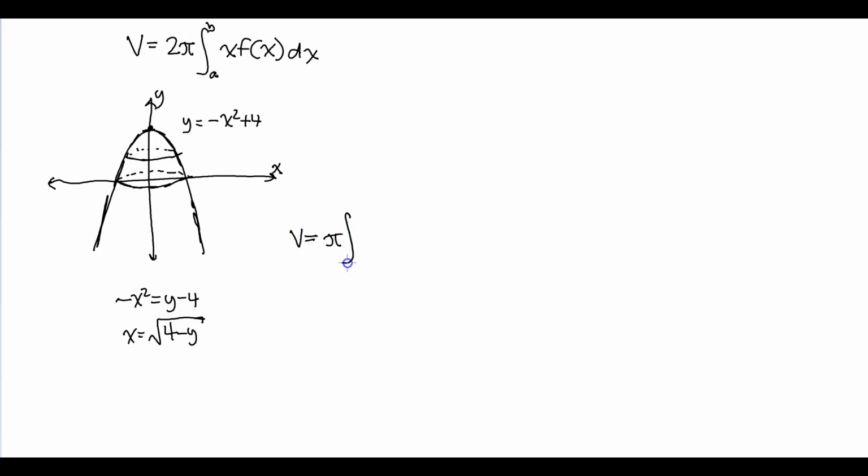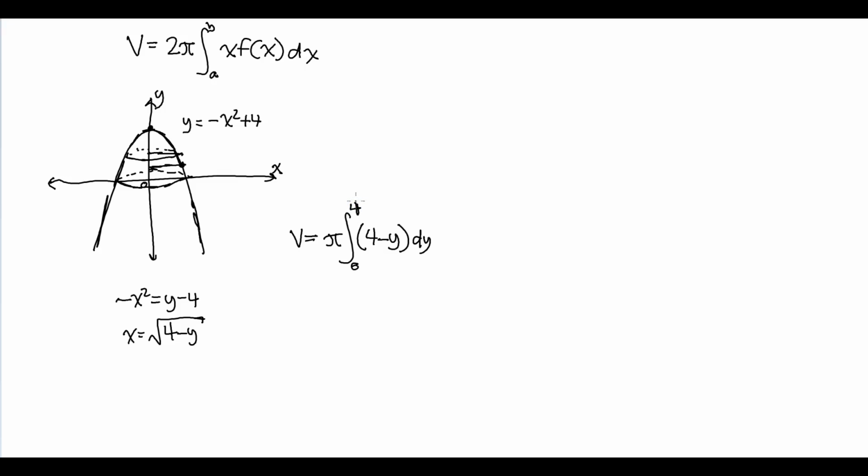We get pi times r squared. Okay, so r squared is 4 minus y, times dy. Okay, this is our singular disk. And what do we get? Okay, so our limits of integration are from y equals 0 to y equals 4.